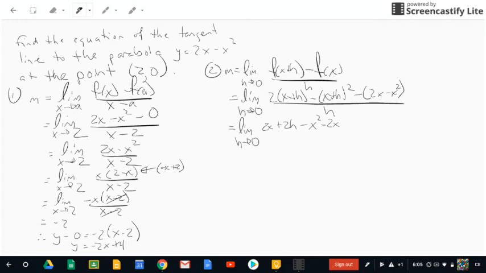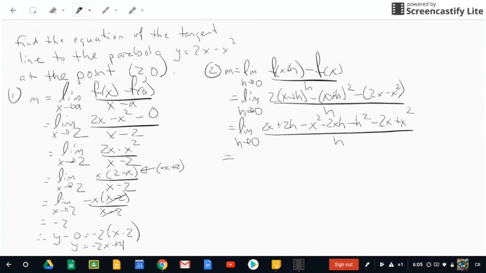So minus x squared, minus 2xh, minus h squared. And then in this last term here, the negative will distribute through to get negative 2x plus x squared. And this is all over h.